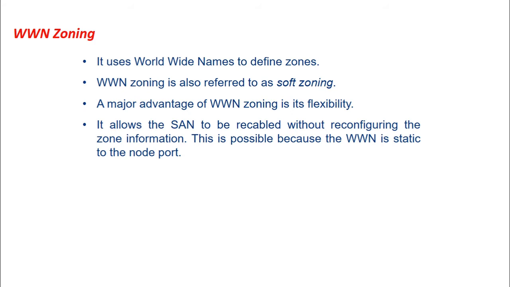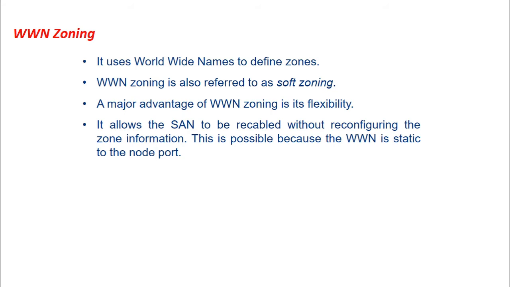This is possible because the worldwide name is static to the node port. Unlike the FC addresses, which are assigned dynamically, the WWN is static to the node port. Hence, no reconfiguration of the zone information is required. So that is the second type of zoning, called worldwide name zoning, also called soft zoning.